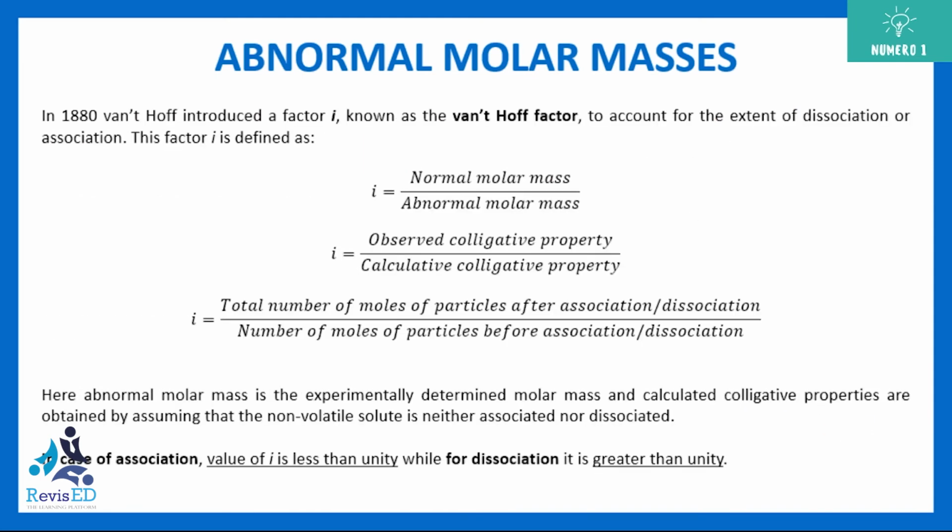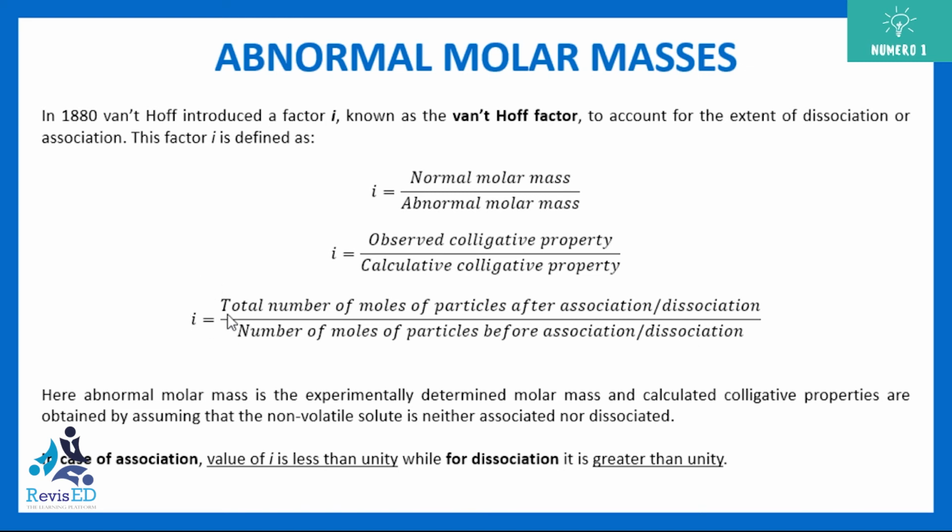Now, because of all this, the Van't Hoff factor is the one which we introduce in all our colligative properties. It has the following definitions, or let's say formulas, any of which can be used. i is equal to normal molar mass by abnormal molar mass, observed colligative property by calculated colligative property, total number of moles of particles after association or dissociation divided by total number of moles of particles before association or dissociation.